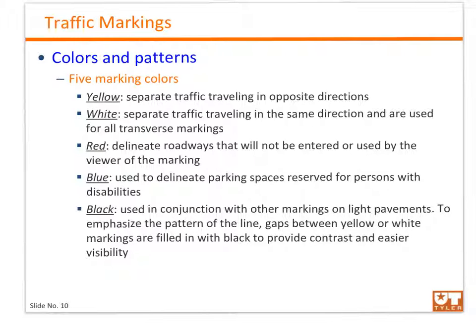We also use red color in traffic markings to delineate roadways that will not be entered or used by the viewer of the marking. So that is also used to tell again it's not a place to go in, or maybe it's the wrong way. We also use blue to delineate parking spaces reserved for persons with disabilities.